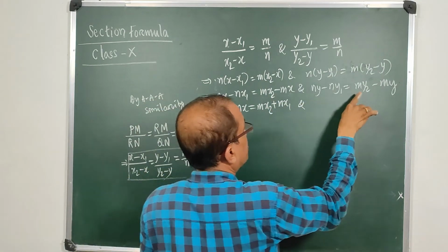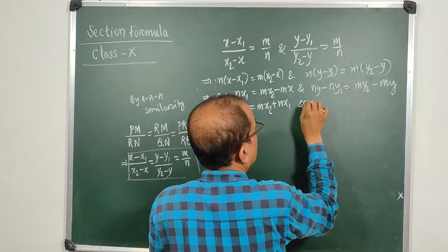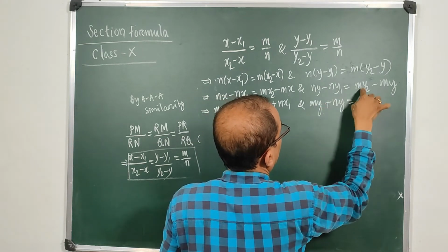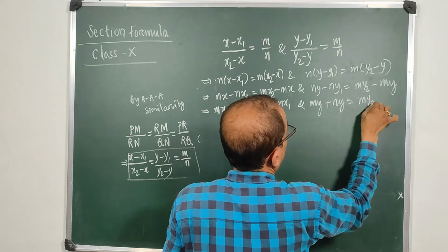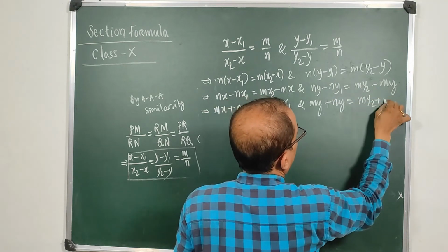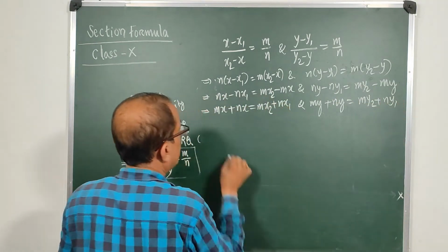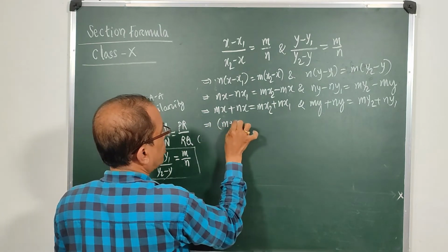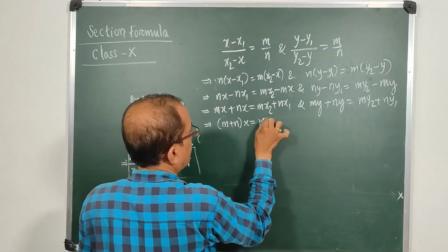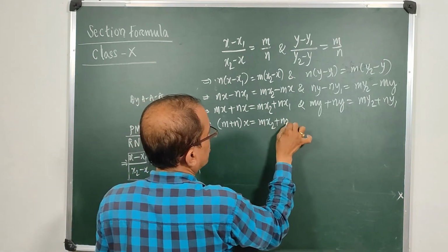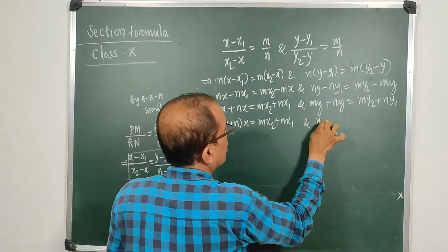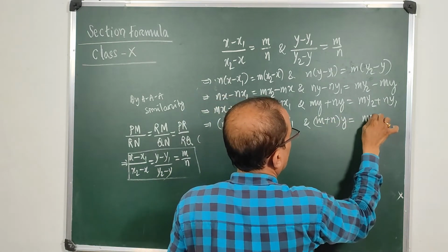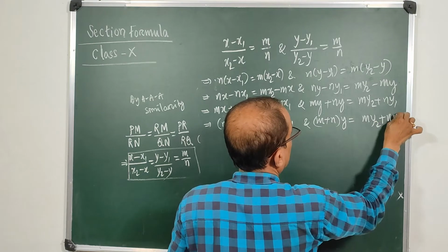And here also the same thing happens: minus my comes to this side, my plus ny will be equal to, on the right side there is my2, and from the left side it goes ny1. Then take x common, so this will be m plus n into x is equal to mx2 plus nx1, and this is m plus n into y, which is my2 plus ny1.